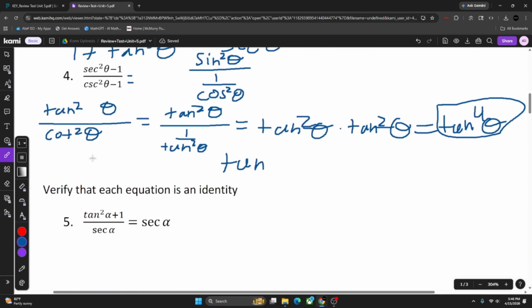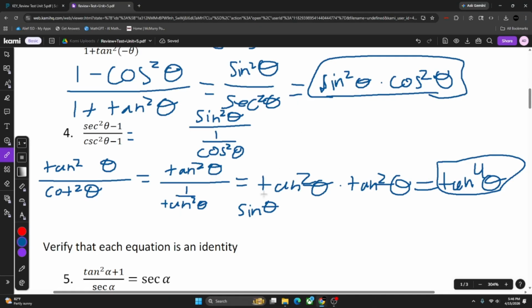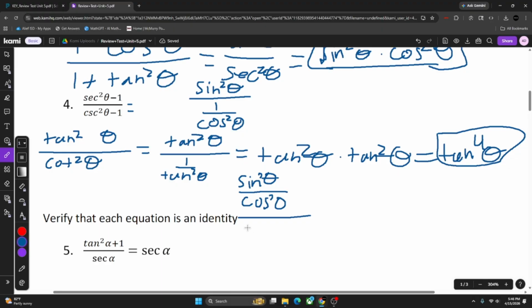So it's gonna be a lot of writing, but I'll write it out. You get the idea, right? Tangent is equal to this. So you're gonna have to divide sine by cosine, and then divide that by cosine over cosine.